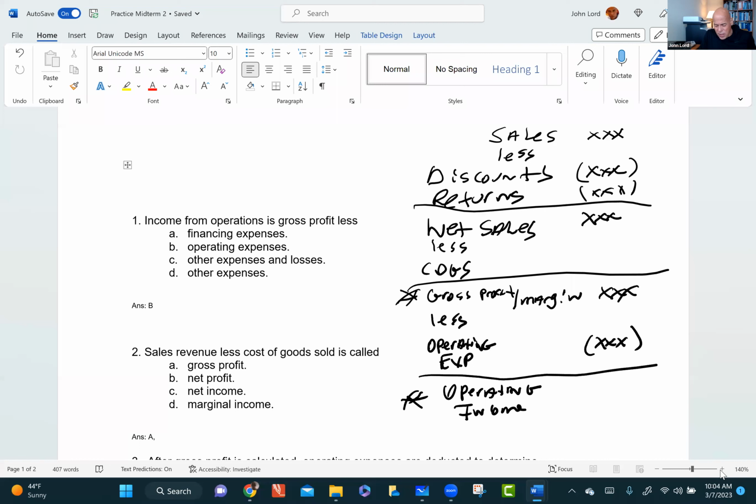So we're not really evaluating the company on what your cost of goods sold is. We're much more interested in what do you have left? Are you generating enough sales to have something left to cover your operating expenses?